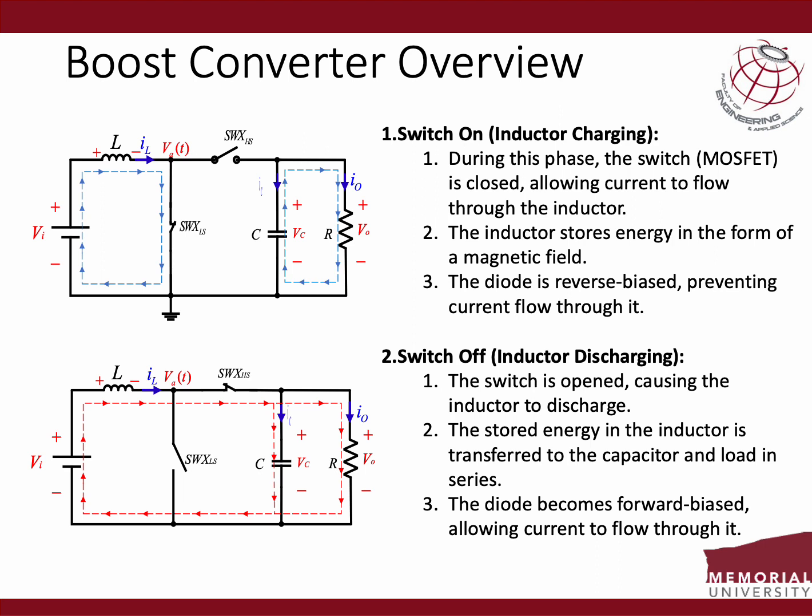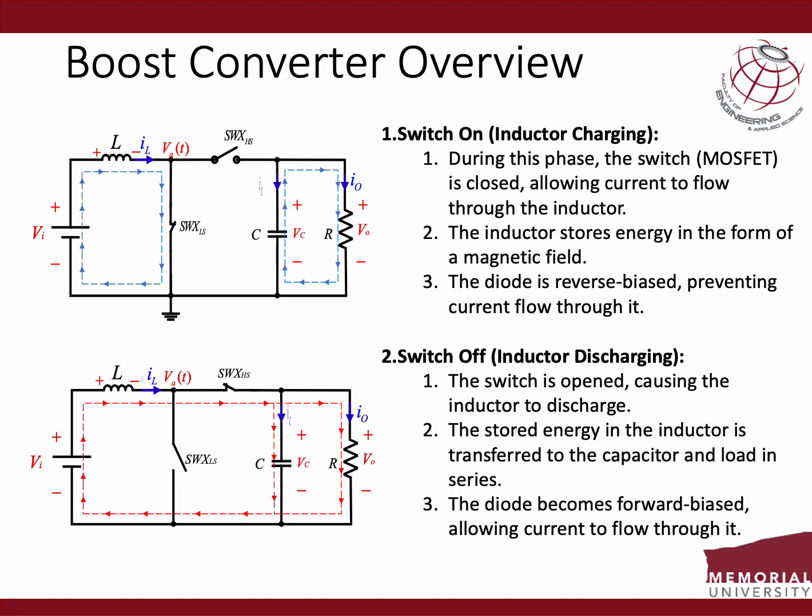Now, once this is closed, because of the connection to ground, the diode is reverse biased, so current doesn't flow through the rest of the circuit. However, when we open the MOSFET, current now flows through the system to charge the capacitor, and in turn flows through the load.